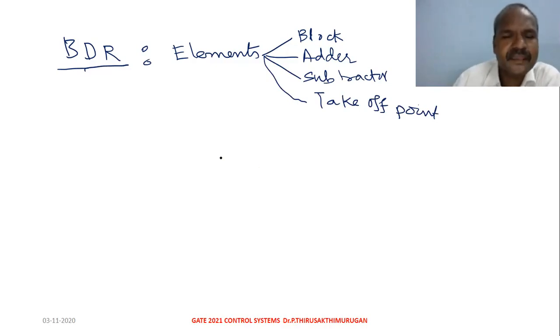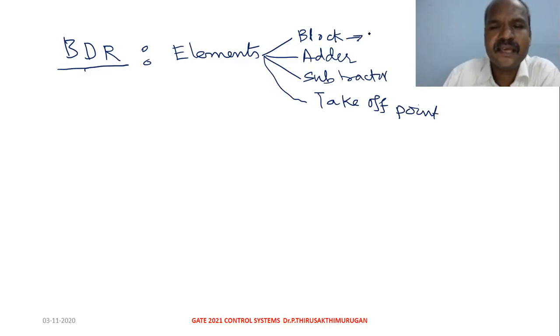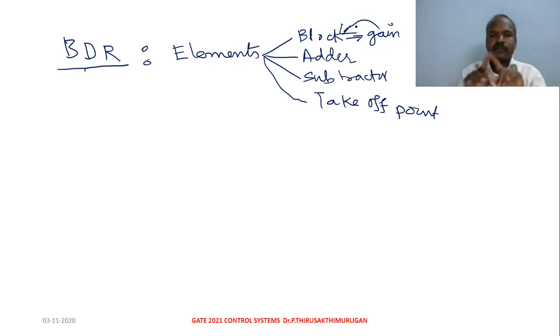Then gain. Normally the gain is the transfer function value, which is the representation of the block. So the block represents the gain, the gain represents the block value, the box that should be in the block diagram.